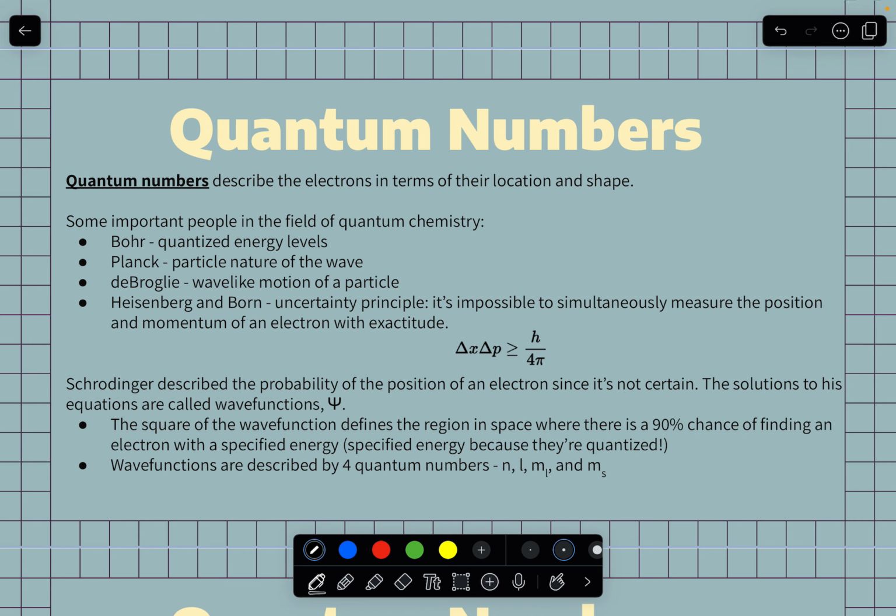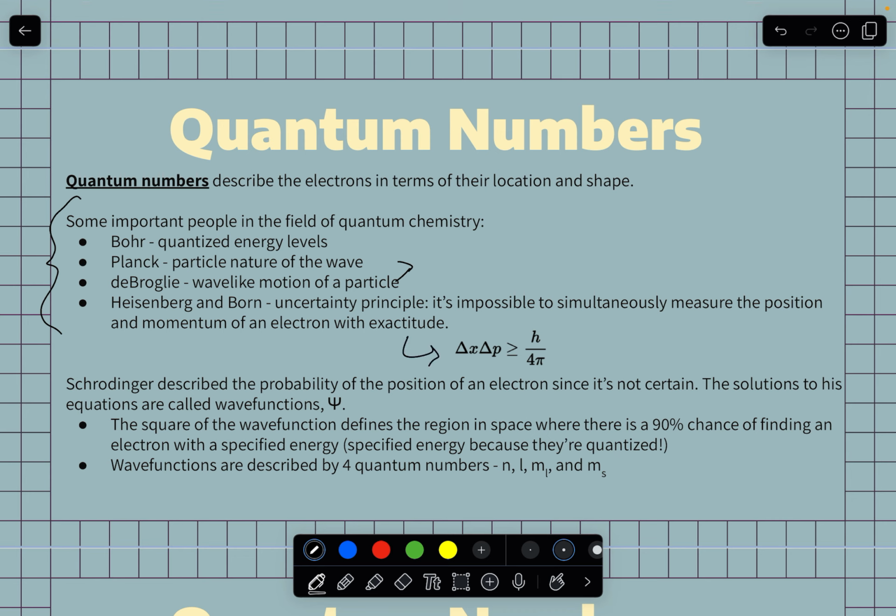Okay, there's some important people when it comes to talking about quantum numbers, right? Bohr talked about the quantized energy level. Planck talked about the particle nature of the wave. De Broglie talked about the wave nature of the particle, right? We've talked about particles and waves. And then Heisenberg and Born, you probably heard about Heisenberg's uncertainty principle.